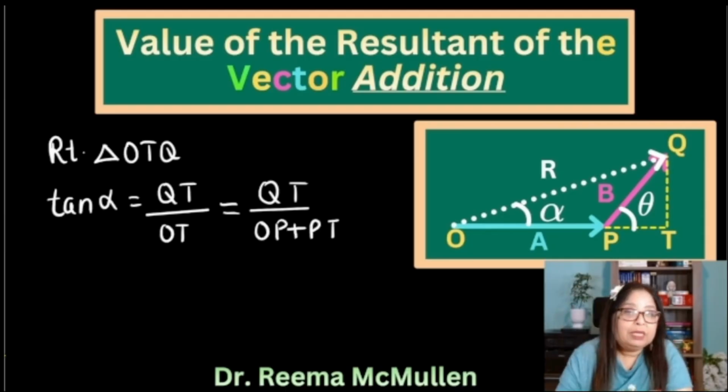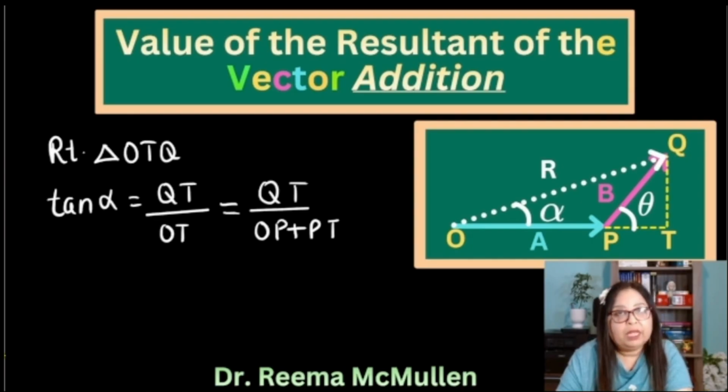Now here we could do tangent inverse of both sides and find the value of angle alpha. However, we said that we want to find angle alpha and magnitude of vector R in terms of the known variables, and those are magnitude of vector A and B, and the angle theta between them. Now we do not know QT and we do not know PT.